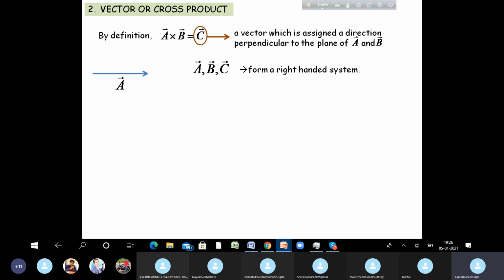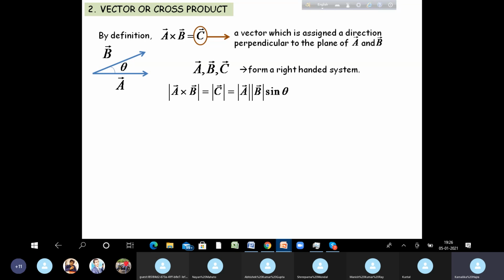So if we have a vector A like this and a vector B like this, and as earlier the angle between the vectors is theta, then by definition the magnitude of A cross B is given by the product of the magnitudes of A and B and the sine of the angle theta between them.